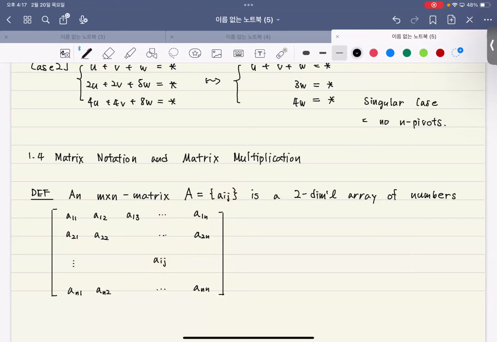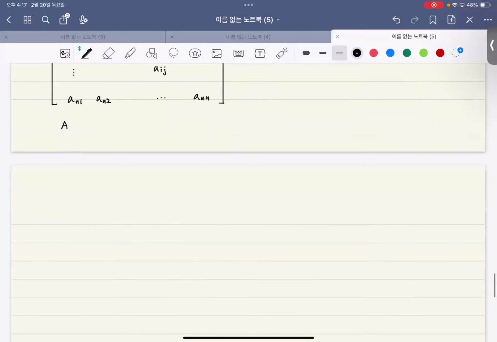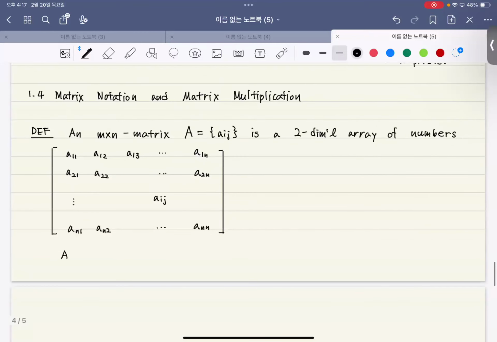So a number in i's row and j's column is denoted by a_ij.